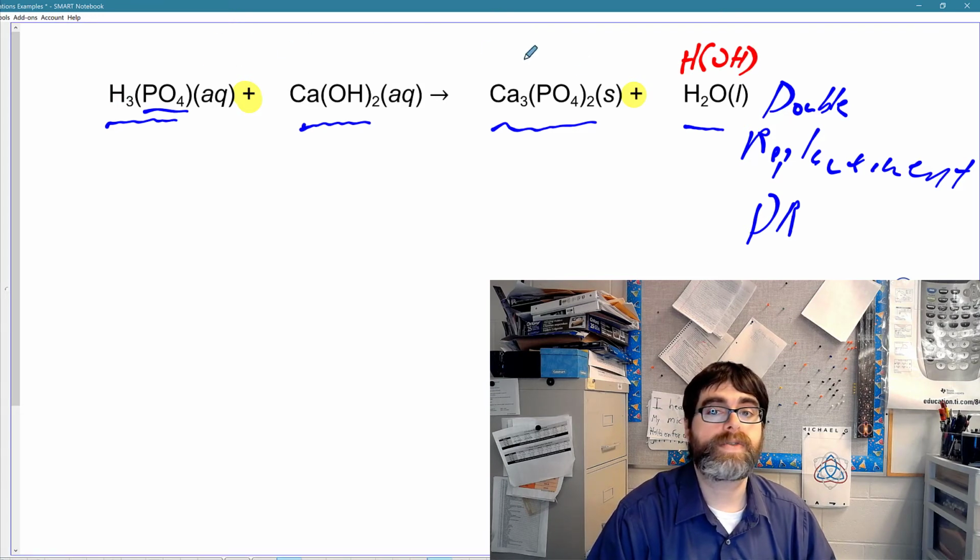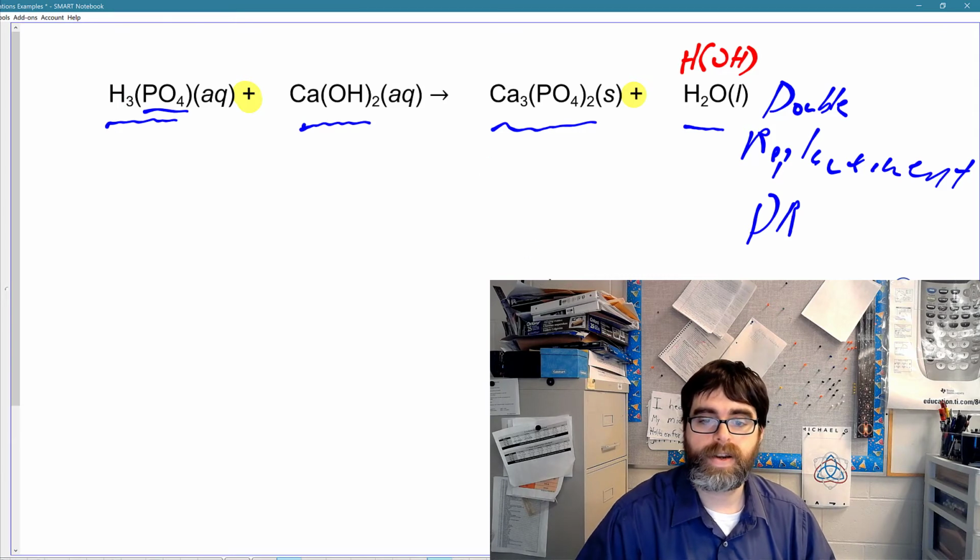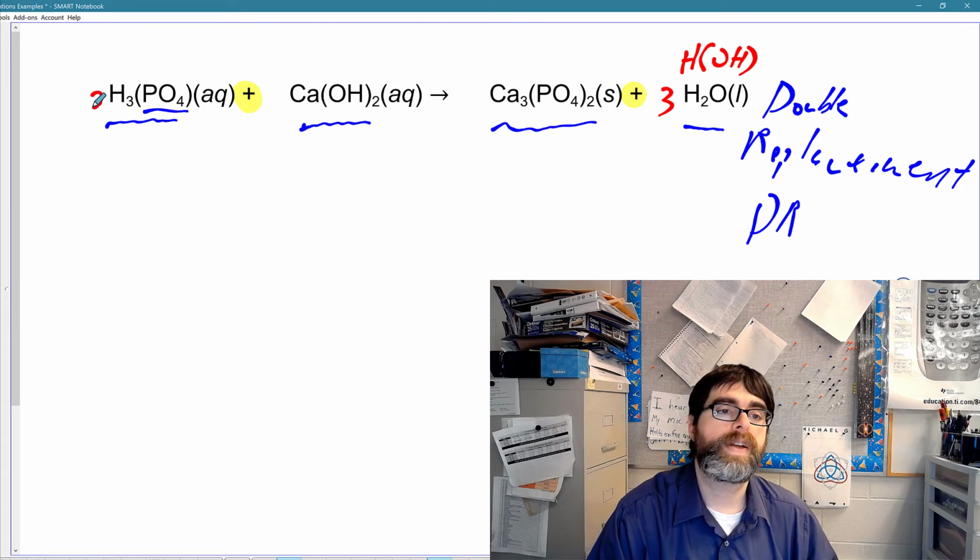So what I see here is 3 hydrogens, and so then I'm going to need 3 hydrogens here. Yes, 3 times 2 is 6, but I'm balancing the HOH, and I'm pretending that the OH here is its own thing. So I have 3 H's. Then I have 1 phosphate and 2 phosphates, so I'm going to have to put a 2 coefficient in front of here. That's screwed up my H's now, so I'm going to go ahead and fix that right now.